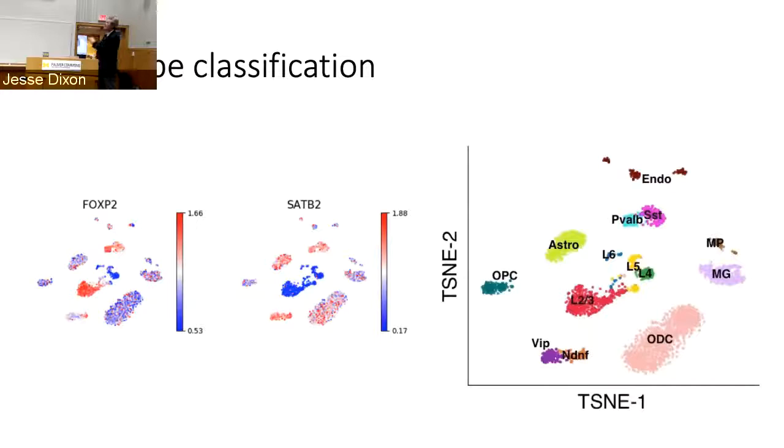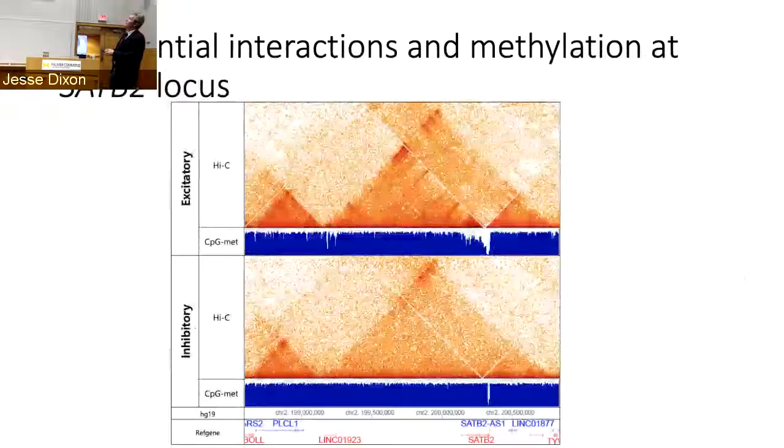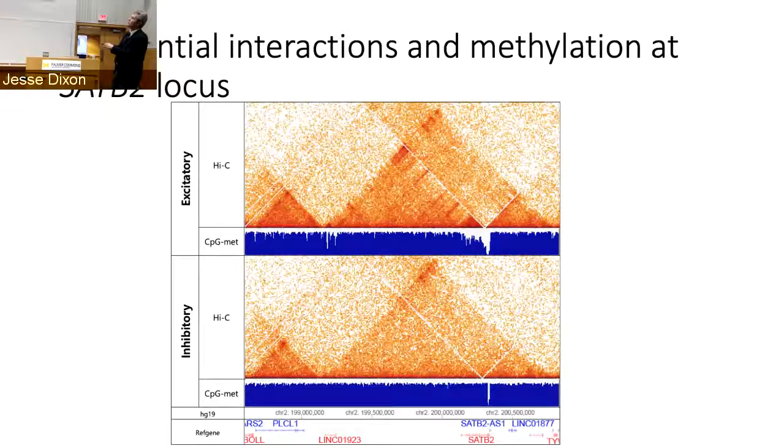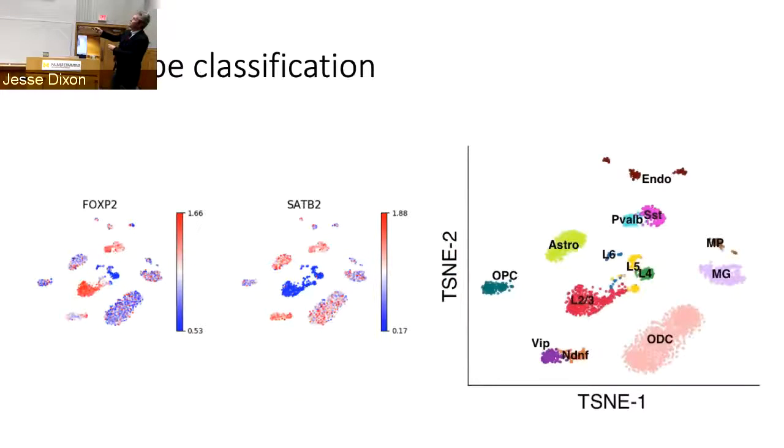So this is one way in which you can reconstruct which populations and cell types are here. This is an example of that SATB2 locus. What we've done here is taken all of these excitatory neurons and pooled the chromatin contact data together to generate a pseudo-bulk map. In this case, we're comparing excitatory versus inhibitory classes.